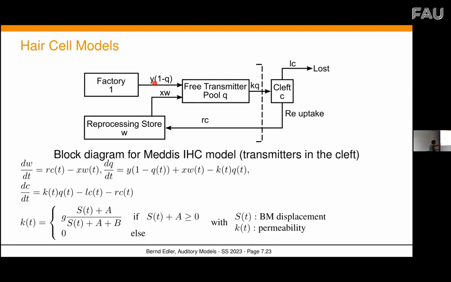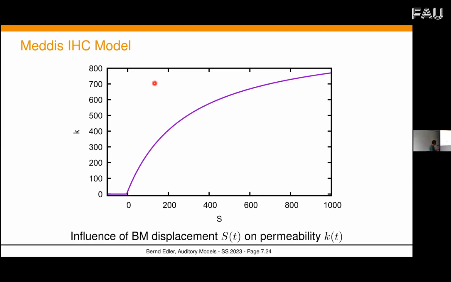And first we can visualize this function. So this would be the K depending on the basilar membrane displacement, S of t. We see the rectification, but also we see some nonlinearity here.